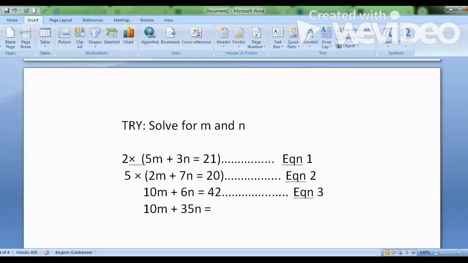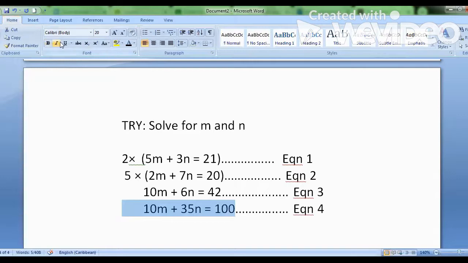Equal 5 times 20 gives you 100. Oh, sorry. And then you're going to do the calculation under the bottom, so you're going to have 0 under the 10m, so you cancel off.